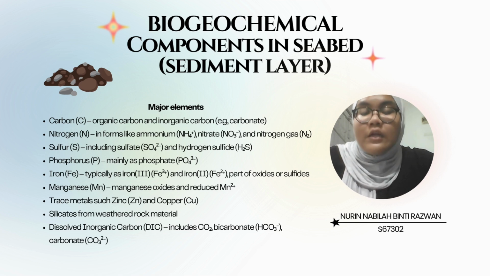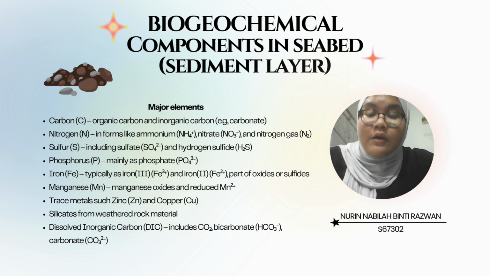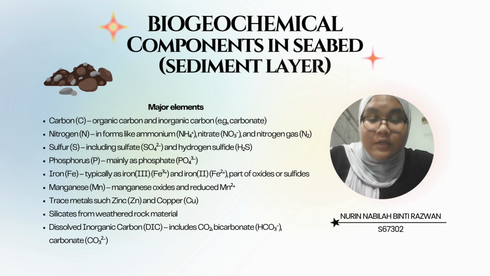And then the next one is sulfur, including sulfate and hydrogen sulfide, and then phosphorus mainly as phosphate, and then iron typically as iron 3 (Fe3+) and iron 2 (Fe2+), part of oxide and sulfide, and then manganese formed in manganese oxide and reduced Mn2+.